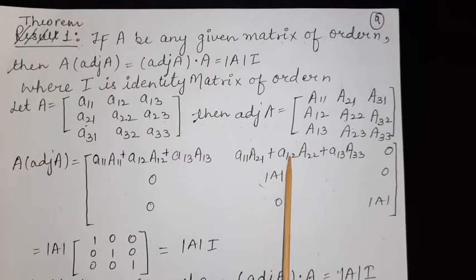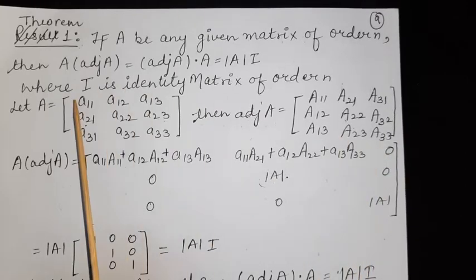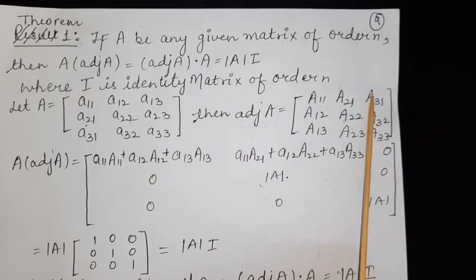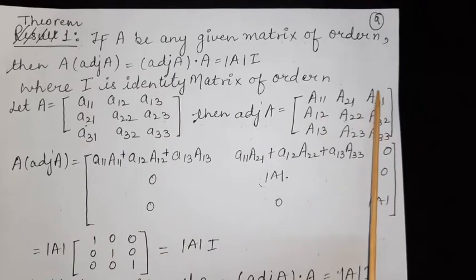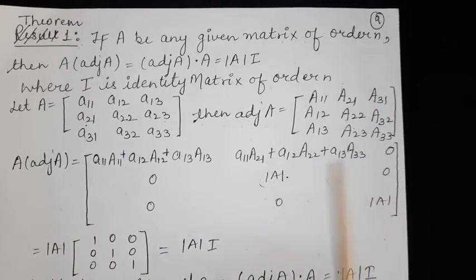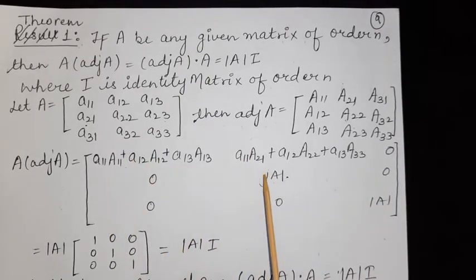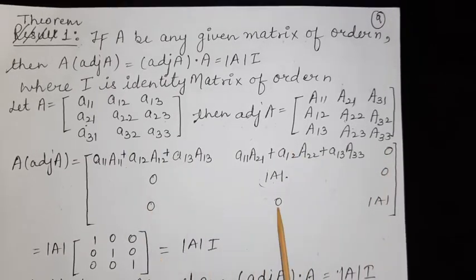So ultimately this will give us 0. The same thing happens when you calculate this element. For this element you multiply the elements of the first row with these cofactors, which are nothing but the cofactors of the third row. So elements of the first row multiplied with the cofactors of the third row will give you 0. This way only the diagonal elements will become determinant of A and all the other non-diagonal elements will become 0.